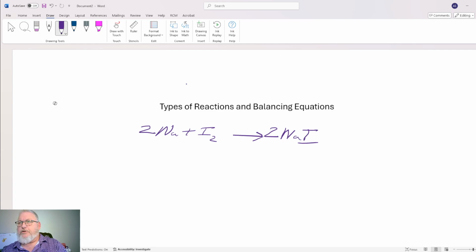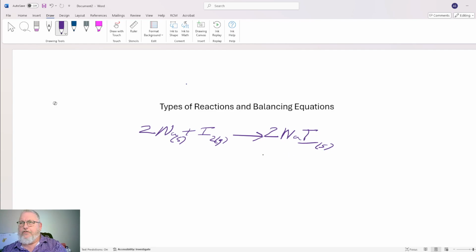Another part of these equations is we can say what state it is. So I know that sodium is a solid, it's a metal. So I'm going to put an S there. That S means it's a solid. Iodine is a gas. So I'm going to put a G there. And NaI, I think that is a solid. So we're going to put an S there.